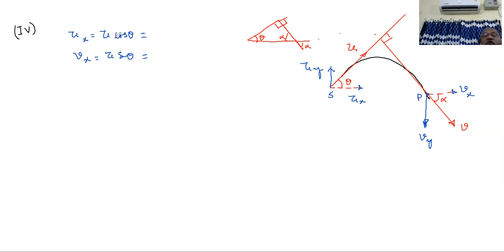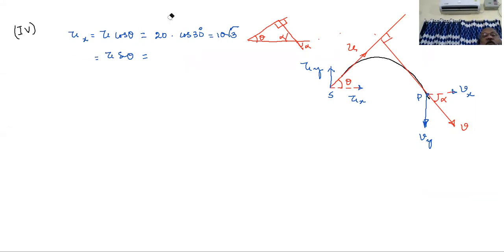Ux equals, because u makes an angle theta with the x-axis, u cos theta. u is given as 20, and cos theta is cos 30 degrees. Cos 30 equals root 3 by 2, so that must be 10 root 3. We don't need to break down root 3 into 1.732 or something like that. There is no need. Sorry, I have made a mistake. I must remove it.